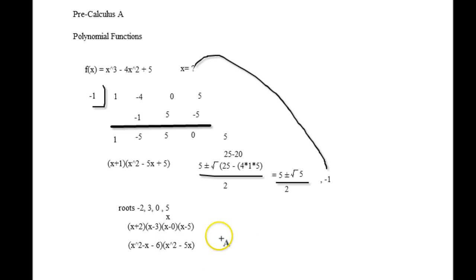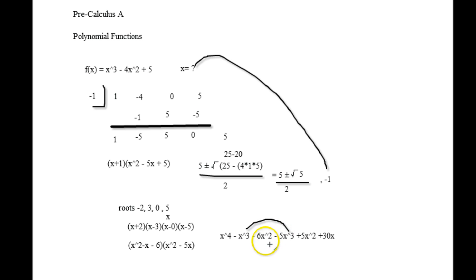But then you're going to have to distribute there, and you should get x to the 4th minus x cubed minus 6x squared minus 5x cubed plus 5x squared plus 30x.